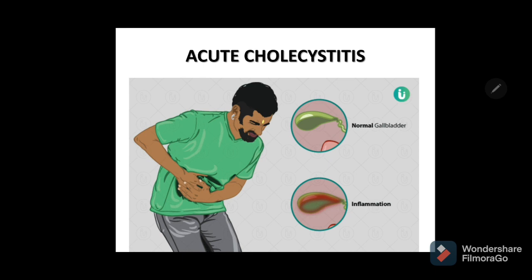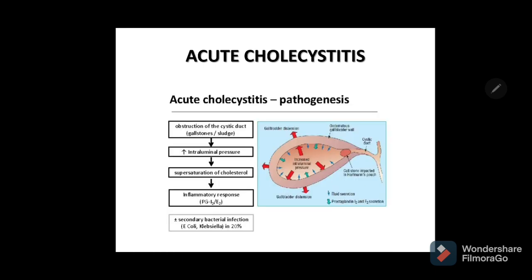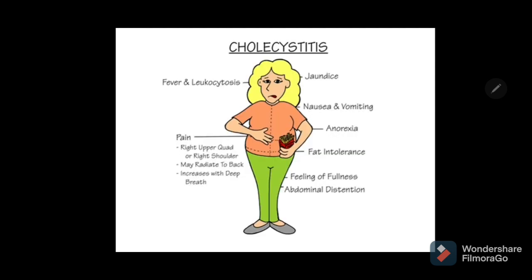Coming to the acute cholecystitis, what it is? The person will come with the sharp pain, nausea, bloating, fat indigestion, and sometimes due to gallstones, it may obstruct the lumen of the cystic duct, increasing the intraluminal pressure and causing the inflammatory response. And these are some signs and symptoms.